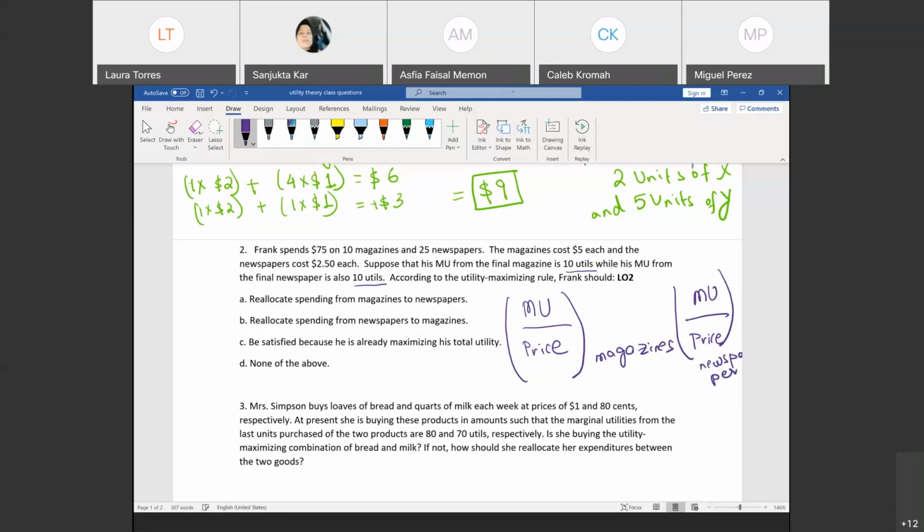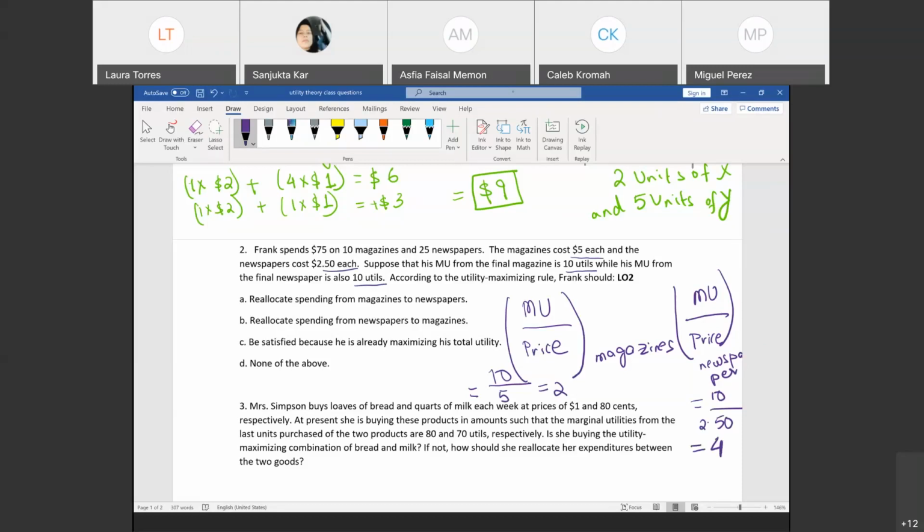The marginal utility of magazines is 10, and the price of magazines is 5. 10 over 5 is 2. The marginal utility of newspapers is also 10, and the price of newspapers is $2.50, so this equals 4.